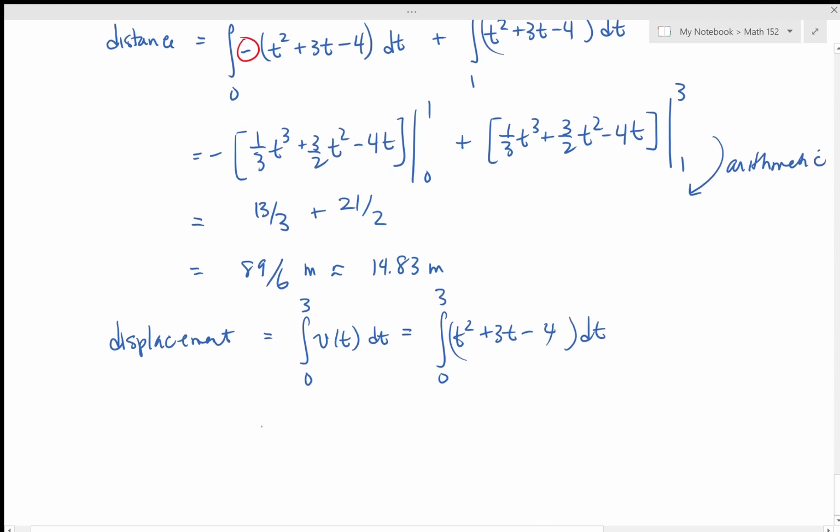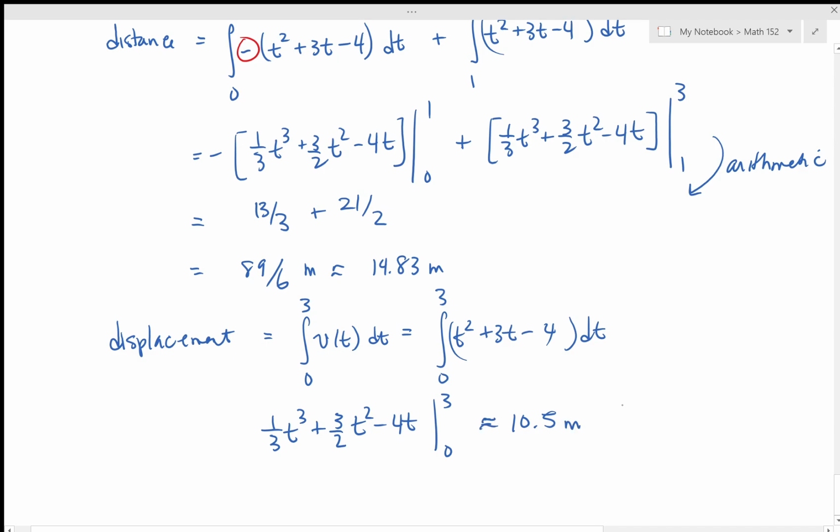So of course we have the same antiderivative, and then we evaluate that at 0 and 3. It's an arithmetic problem, and that comes out to be 10.5 meters.